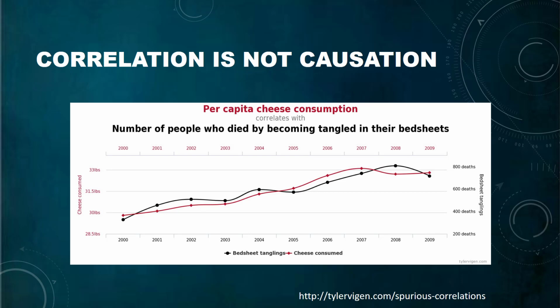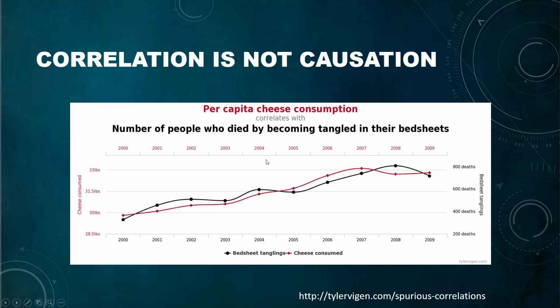This is another one. This is a fantastic website. I love this Spurious Correlations website. This guy has all kinds of fun examples of this. And basically what you do is you take two data sets and you stretch the axes until they look roughly the same, right? So here we can see clearly that if you eat a lot of cheese, you run a high risk of dying by being tangled in your bed sheets, right?